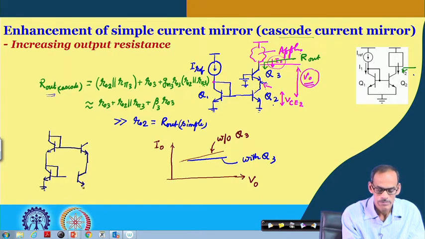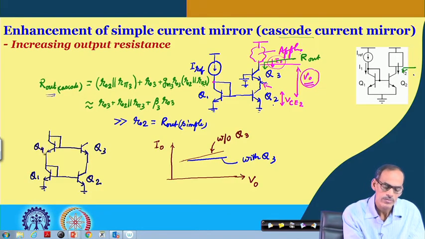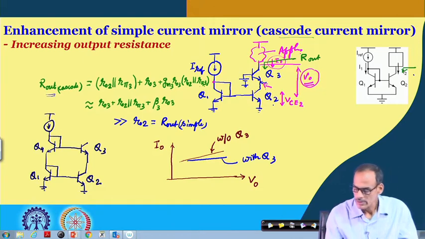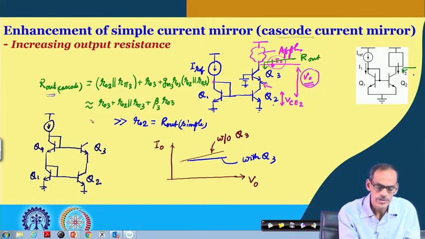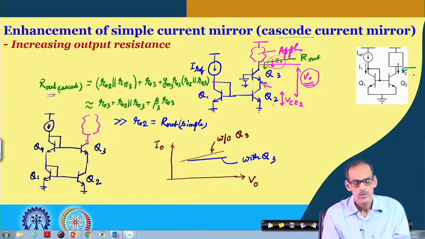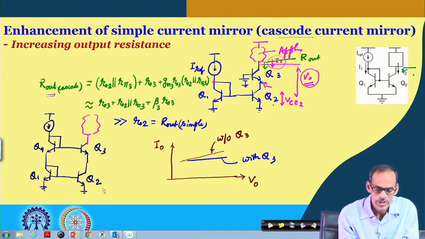Then we have the reference current here, and of course the application circuit is here. Now, this is, I should say, a more practical circuit.